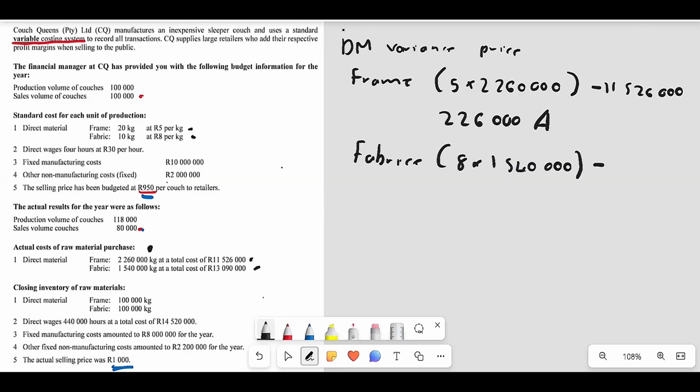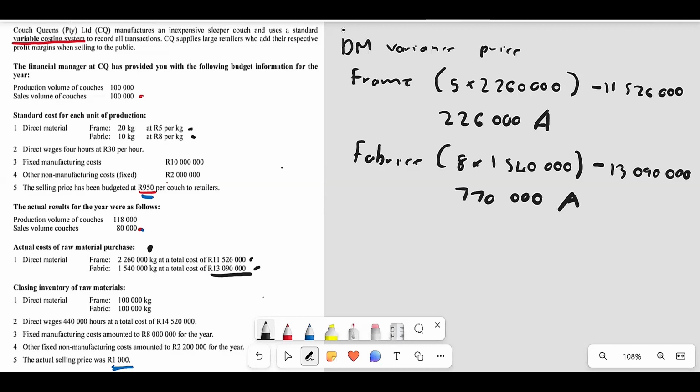Then you minus the actual cost, and then it will give you an amount of 770,000, which is adverse.